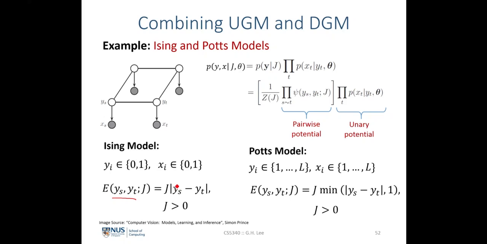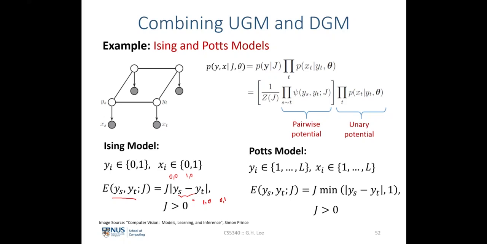If ys and yt both take the same label, 0, 0 or 1, 1, then this term is 0. It means we give it a very low energy value, and this is what we want to encourage. In the case where ys and yt take different labels, 1, 0 or 0, 1, the energy term becomes J, where J is more than 0, and this makes the energy value high, and this is what we want to discourage.